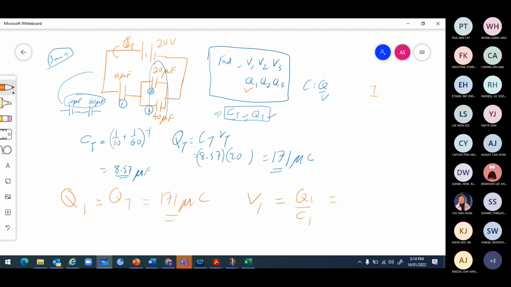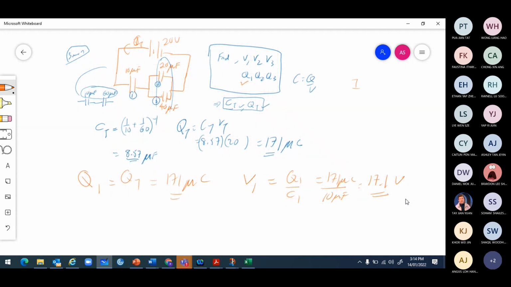We know Q1, 171 microcoulomb, over C1, which is 10 microfarad. So it's 17.1 volt. So after you find Q1, you can find all the information about that capacitor. After Q1, we are able to find V1, 17.1 volt.